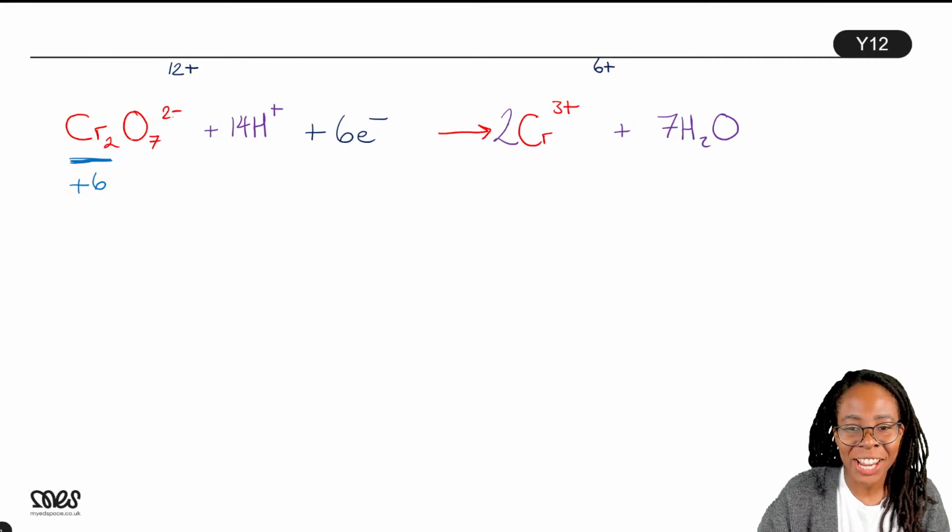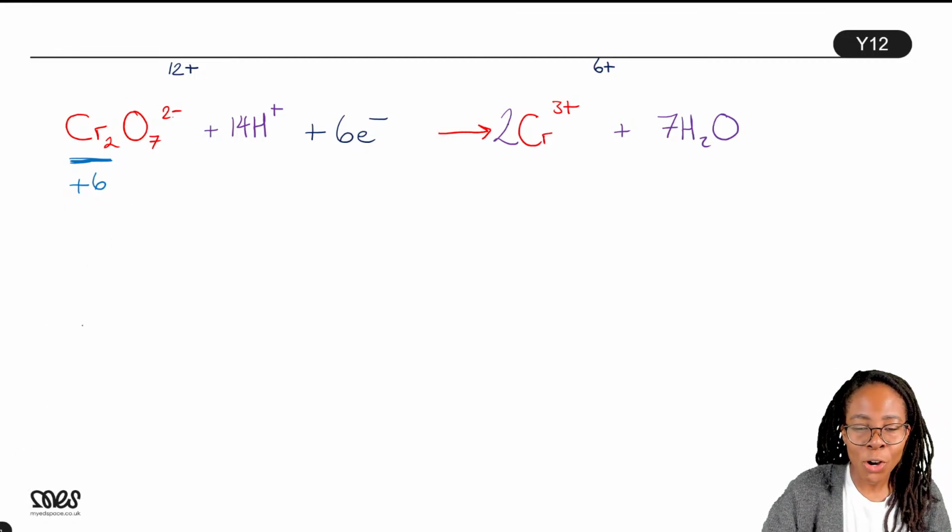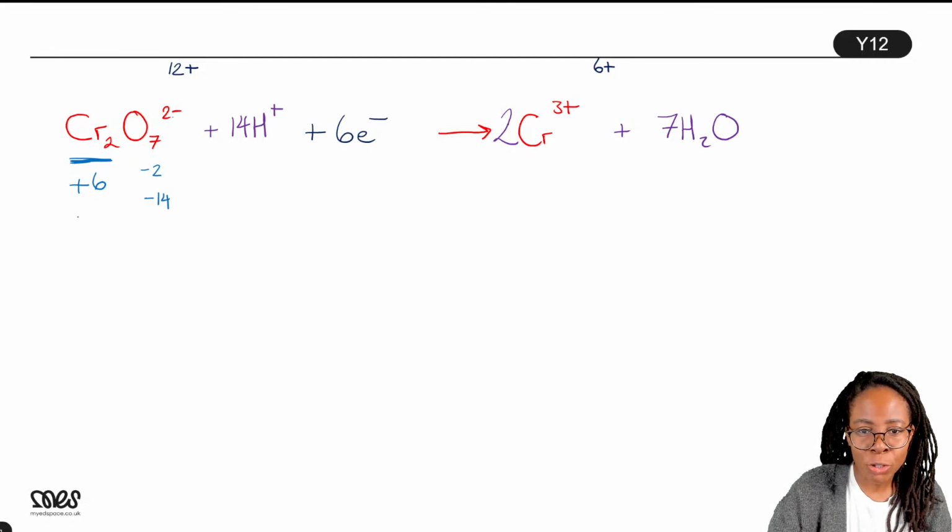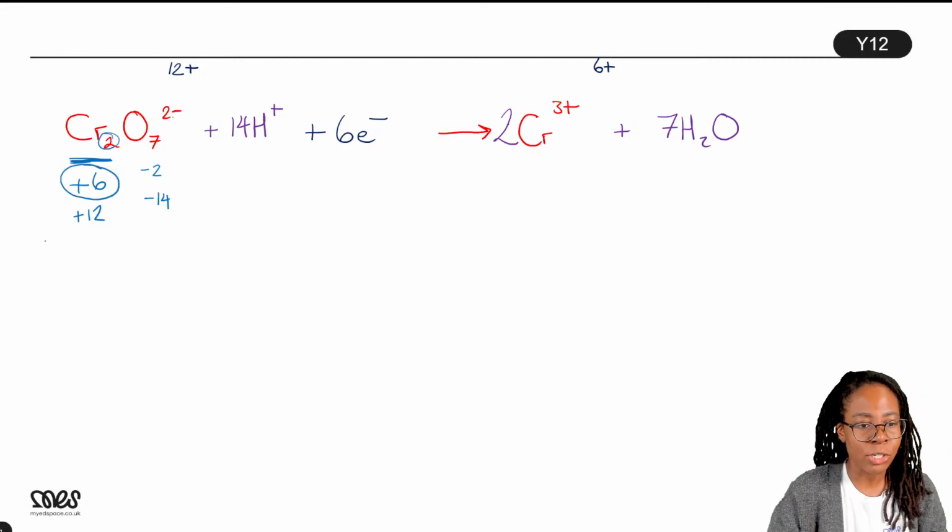Okay, so lovely, Jay. We can use the oxygen. Oxygen has an oxidation state of -2. There are 7 of them, so that's contributing -14. Okay, the overall charge of the ion is 2 minus, which means that the chromium must be contributing +12 to give it to -2. But there are 2 of them, so each chromium has got an oxidation state of +6.